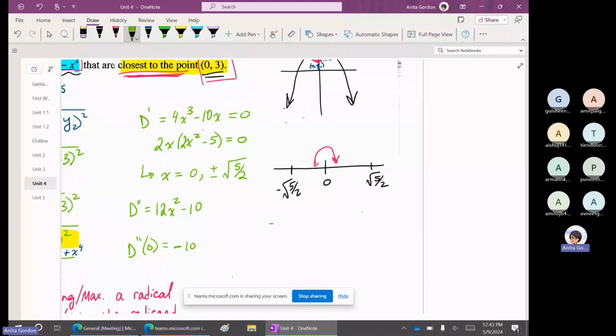Okay, let's check the next sign. D double prime of square root 5/2. It should be positive, yes. So this tells me I have a smiley face.